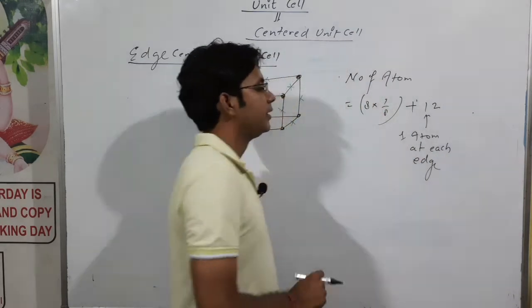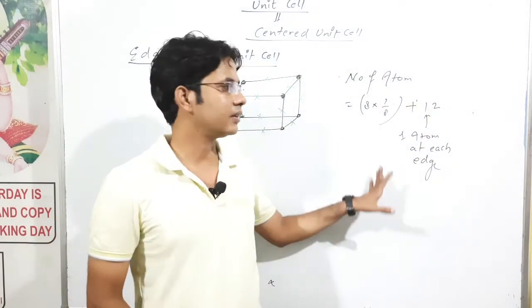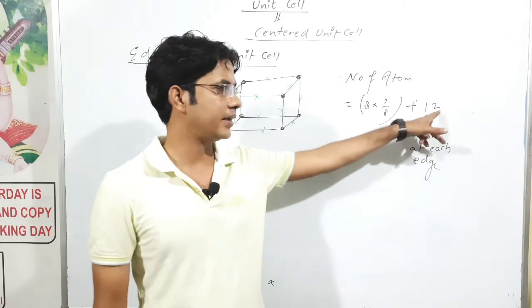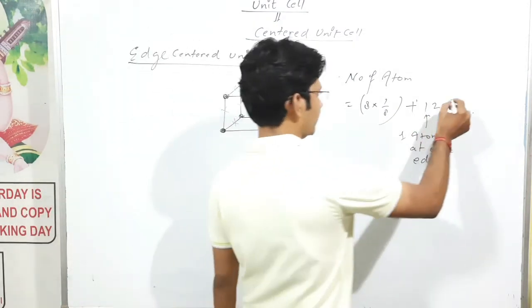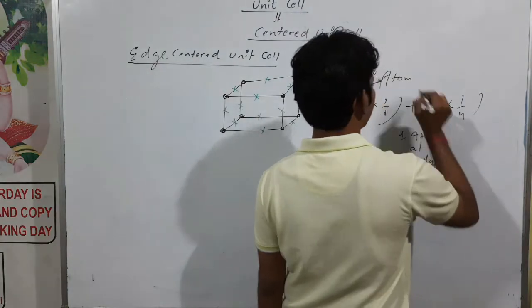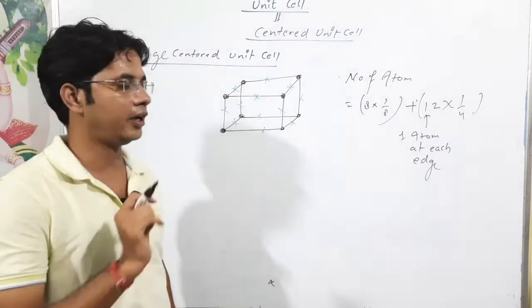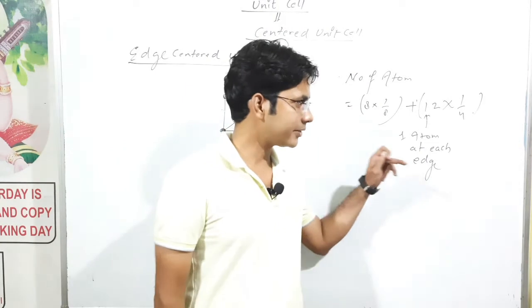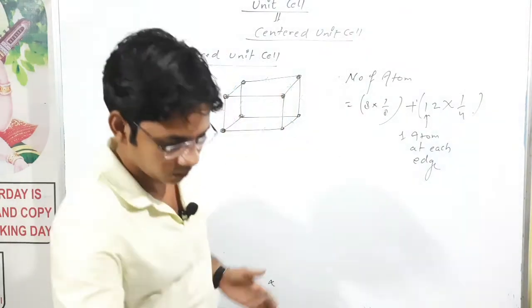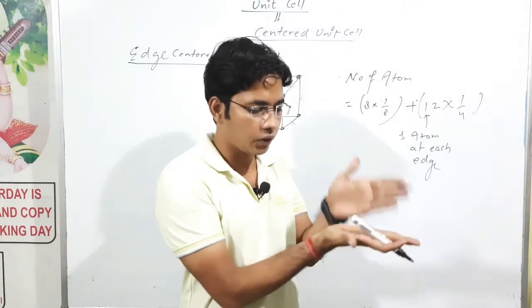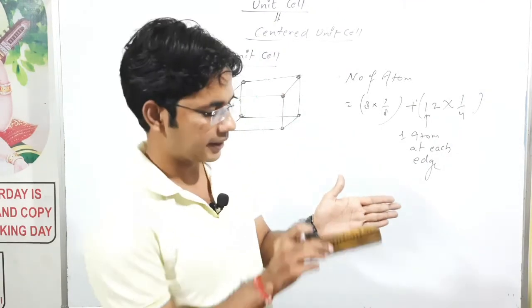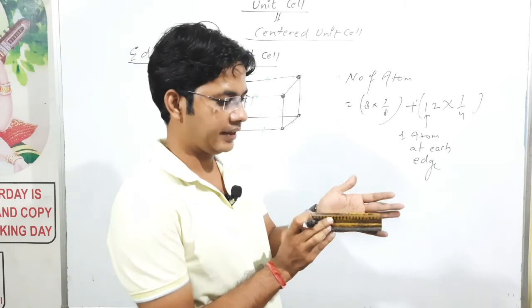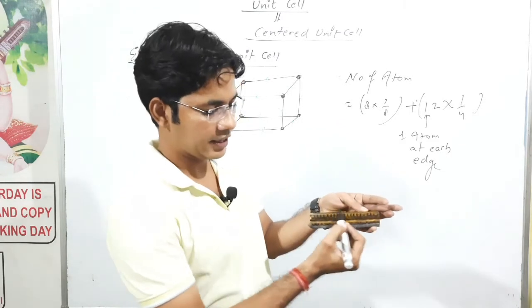One atom at each edge, so the total number of edges will be 12 and the atoms will be 12. Now one edge atom belongs to four unit cells, so it will be 12 into 1 by 4. How? Just look at the bottommost part where the wall of the room and the floor of the room meet. So this is the area where the meeting occurs, and this will be your edge part.